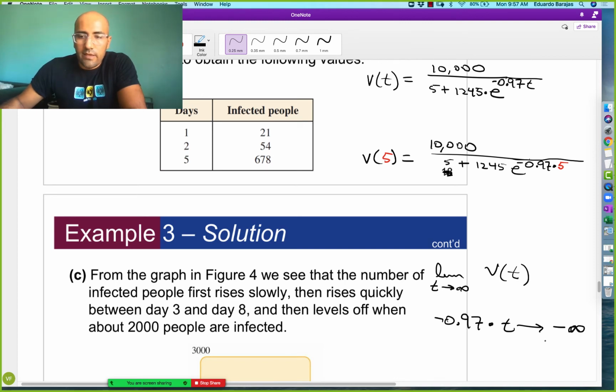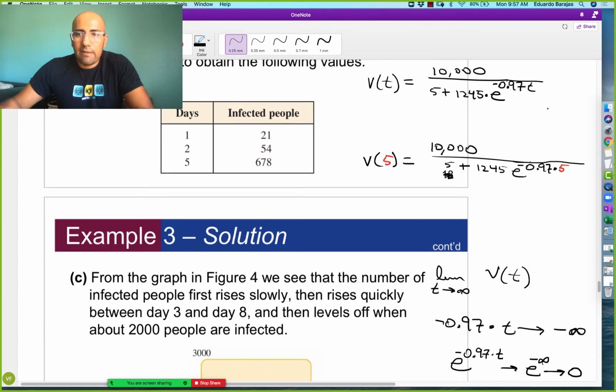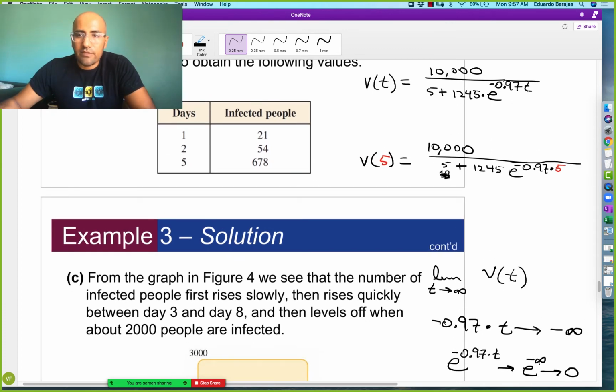And as this grows toward negative infinity, then e to the negative 0.97 times t is going to grow toward e to the power of negative infinity, which grows towards 0. So as I plug in bigger and bigger numbers for t, e to the negative infinity grows towards 0.